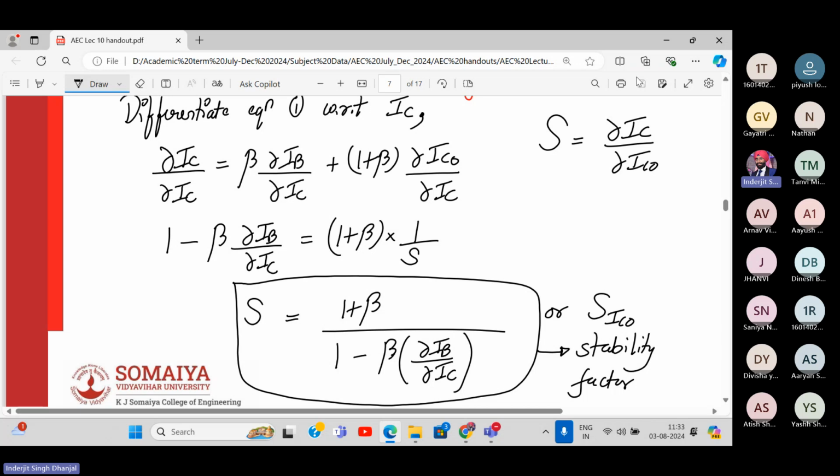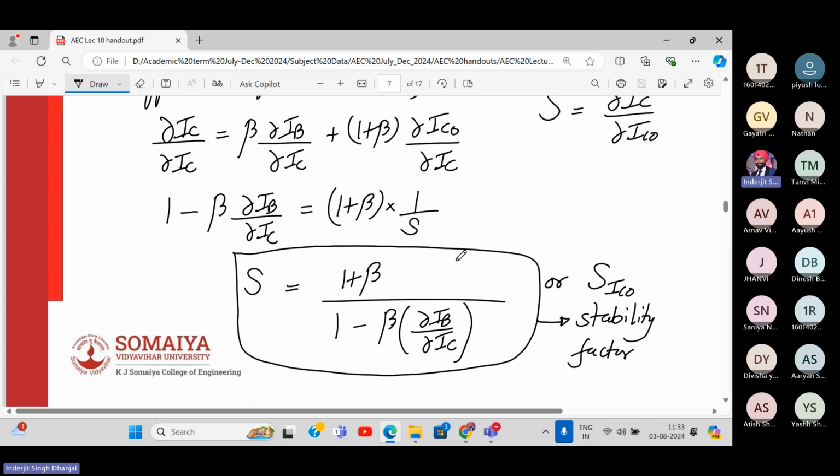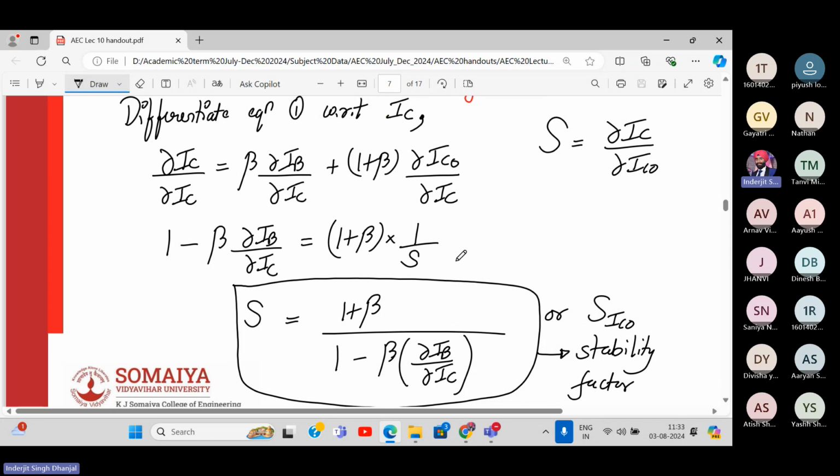All of you should have your calculators with you because we are going to analyze the various biasing circuits now. Have you completed up till here? Can I start this topic?